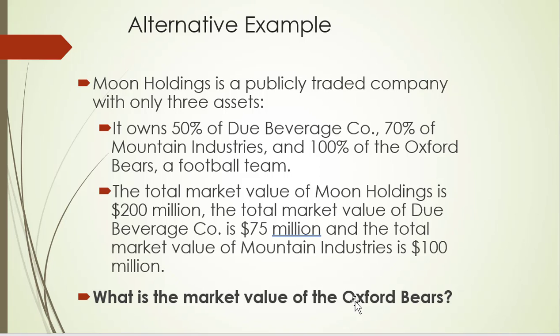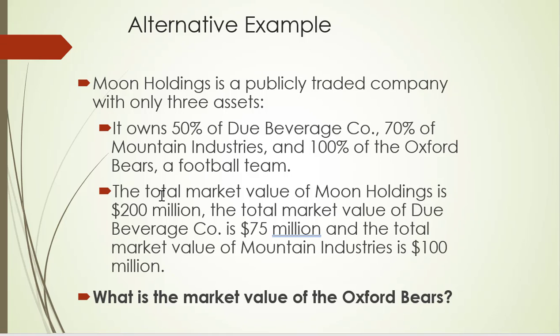So the question is, what is the value of Oxford Bears? The total market value of Moon Holdings is $200 million. The total market value of Do Beverage is $75 million. And the total market value of Moon Industries, this whole company, is $100 million.